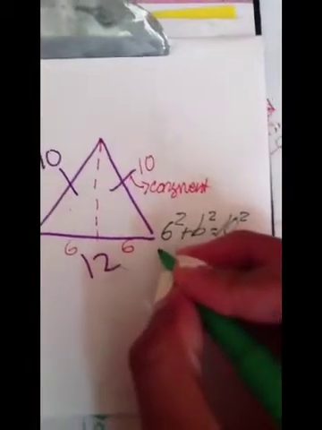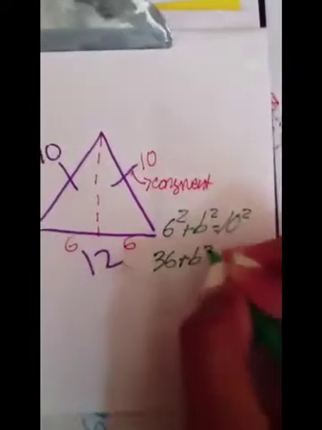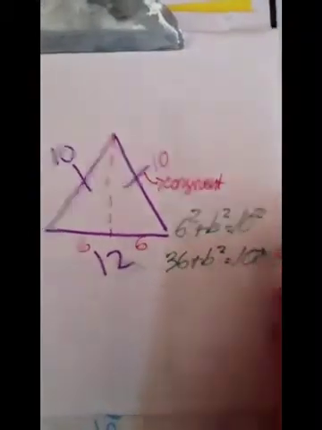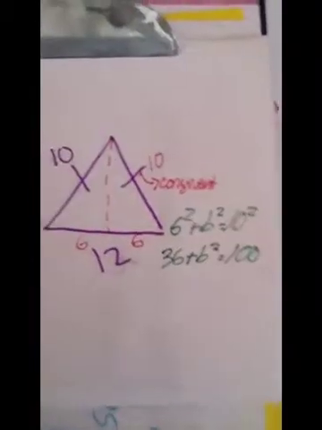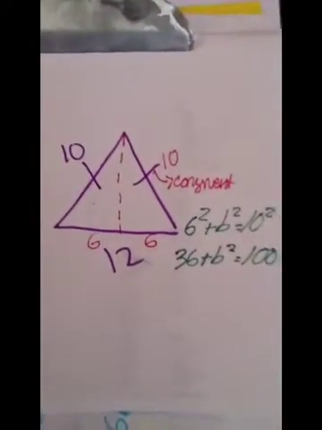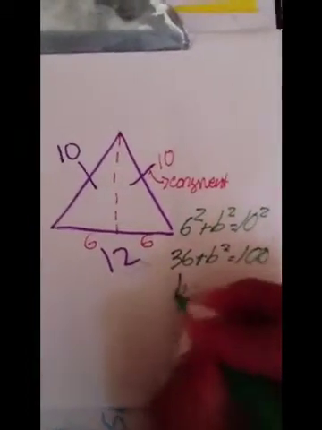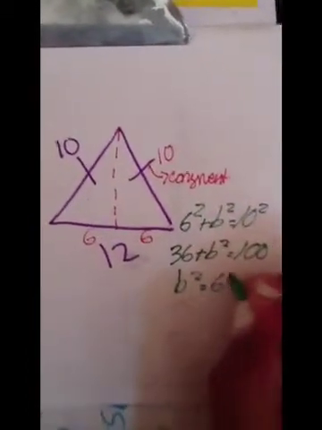Now you know 6 squared is 36, plus b squared equals 100. Like we did before, you have to do the Pythagorean theorem for this kind of question. So you know that b squared, once you do the math, equals 64.